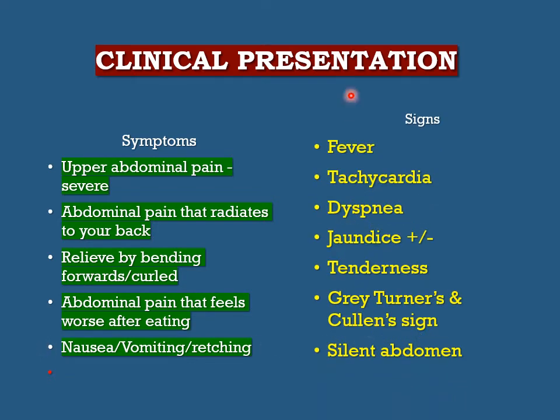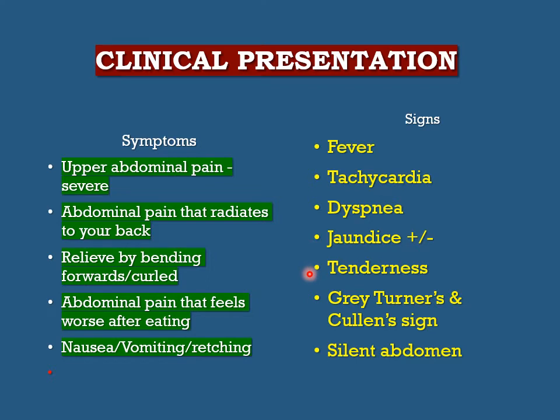The signs that you can see in patients with acute pancreatitis include fever, tachycardia, and dyspnea, if it involves effusion. Patient may or may not be jaundiced, and if jaundiced, the jaundice is usually mild, due to the transient blockage of the pancreatic bile ducts as the stones traverse down into the duodenum.